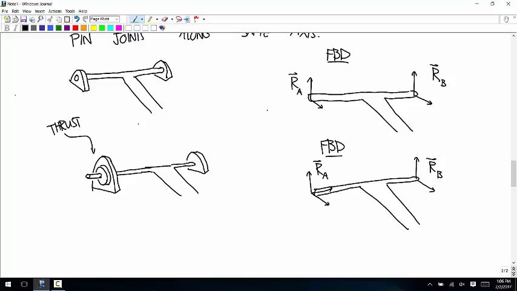Because a single pin joint will resist rotation on its own. It won't do it with a couple in the joint itself if there's another way to prevent that rotation. And so in problems like this, where you have two pin joints that share an axis, all the rotations that are prevented can be prevented just by these forces. So that's all you use.